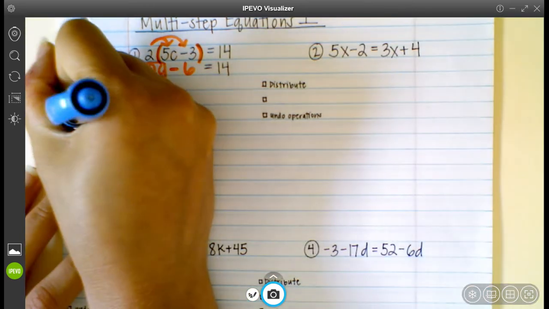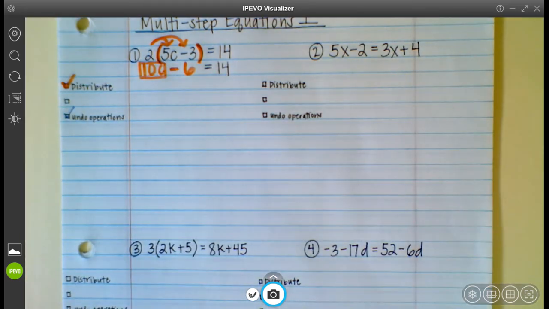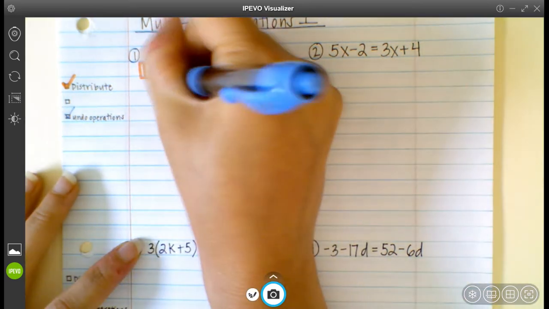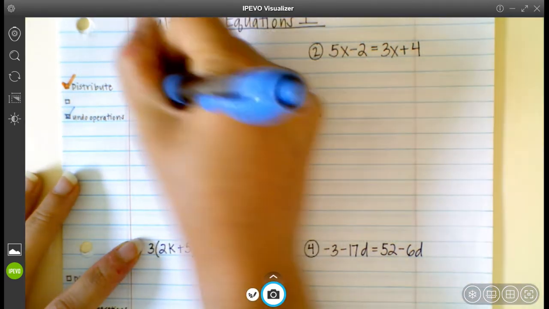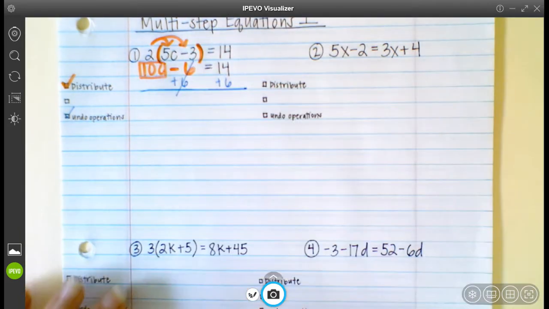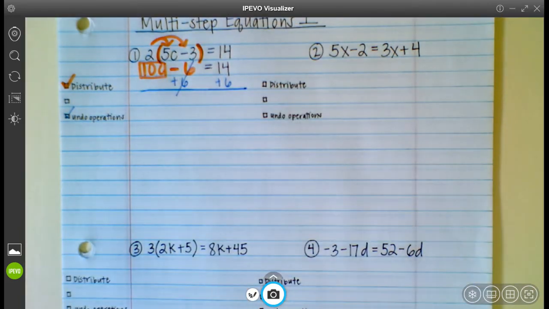Well, we're going to use our inverse operations or undo the operations. So instead of subtracting 6, we're going to add 6 to both sides. And when we add 6 to both sides, remember that when I add and subtract at the same time, it makes 0, or they completely undo each other.